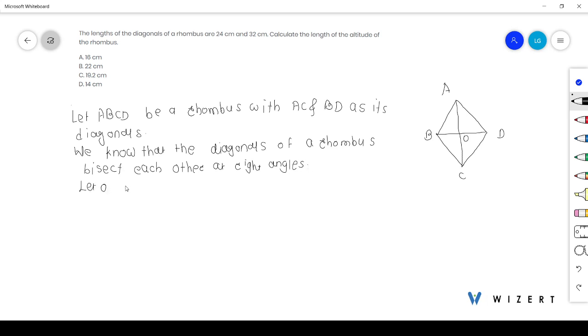Let O be the intersecting point of the diagonals.